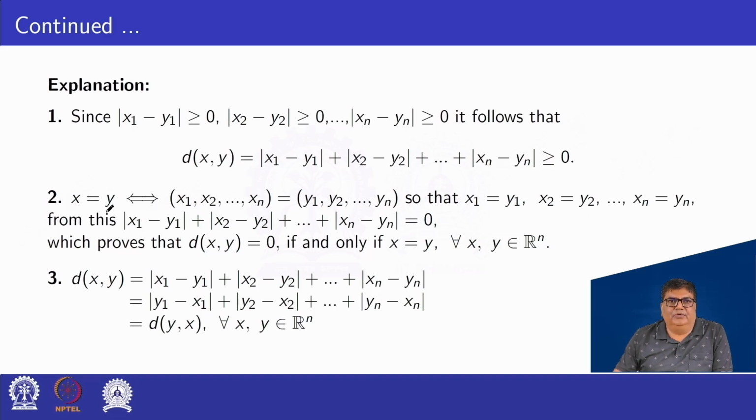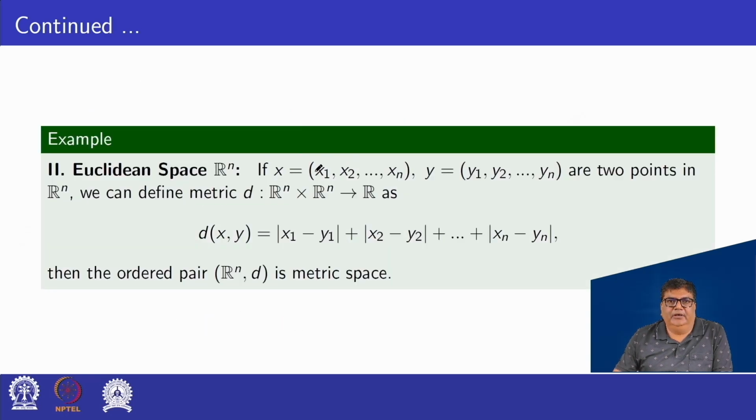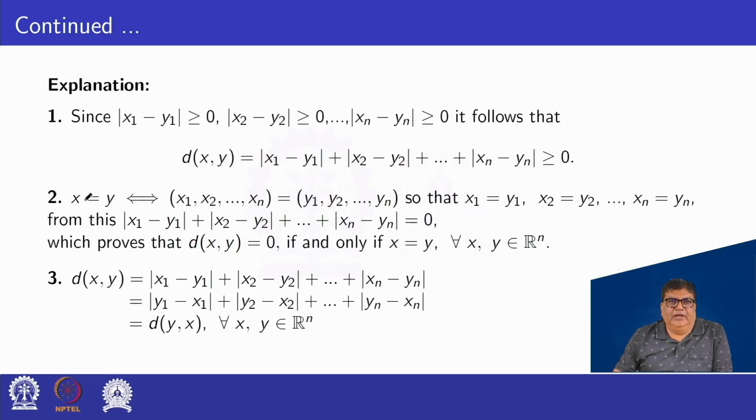Second, x is equal to y if and only if x... Here we are given the n-tuple (x1, x2, and so on, xn), and y is the n-tuple (y1, y2, and so on, yn). So x is equal to y means the n-tuple (x1, x2, and so on, xn) is equal to the n-tuple (y1, y2, and so on, yn), so that x1 is equal to y1, x2 is equal to y2, and so on, xn is equal to yn.